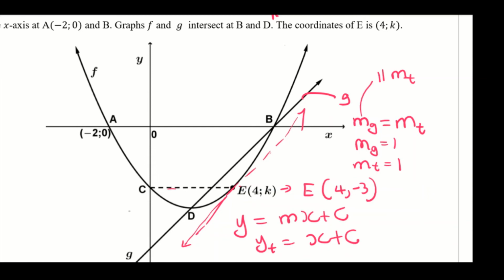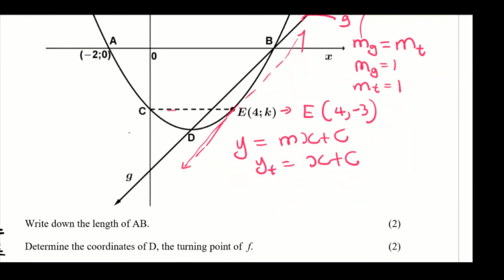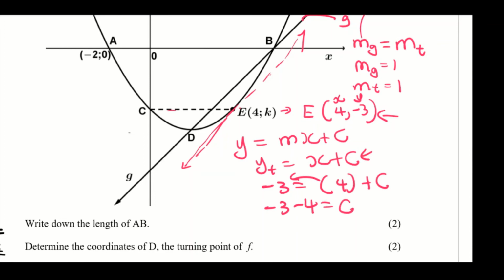So this means now that we will use the coordinates of E to find this value of c, right? So these are the coordinates of E, so you're going to substitute. This is x value, this is y value. So where there's y, we're going to put minus 3 is equals to, where there's x, we're going to put 4 and then plus c. Transpose the 4 to the other side, we have minus 3 minus 4 is equals to c, which would be minus 7 is equals to c.